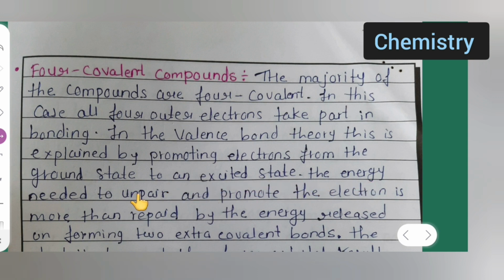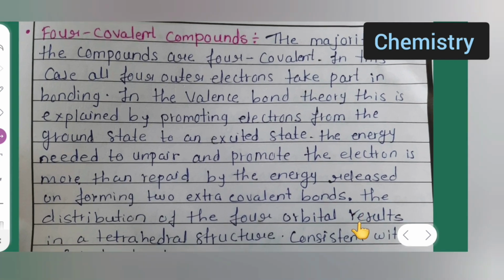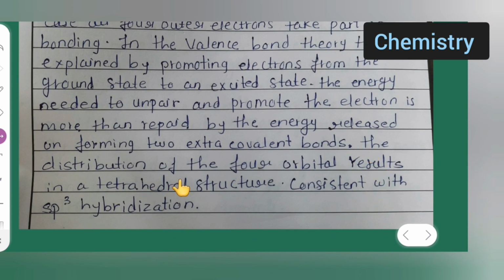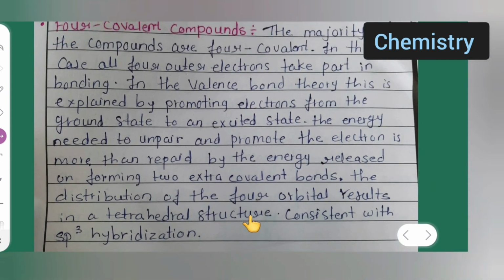The energy needed to unpair and promote the electron is more than repaid by the energy released on forming two extra covalent bonds. The distribution of the 4 orbitals results in a tetrahedral structure consistent with sp3 hybridization. Okay, so you all can take down this.